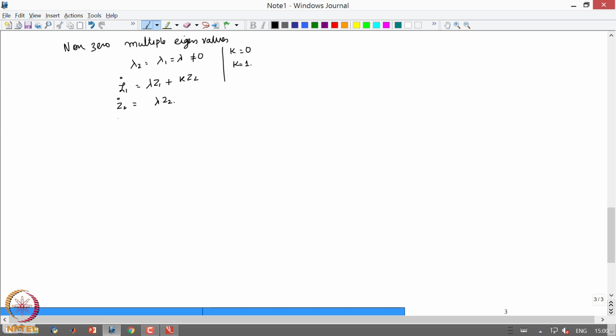When k equals 0, I am just looking at these two equations: z1 dot is lambda z1, z2 dot is lambda z2.